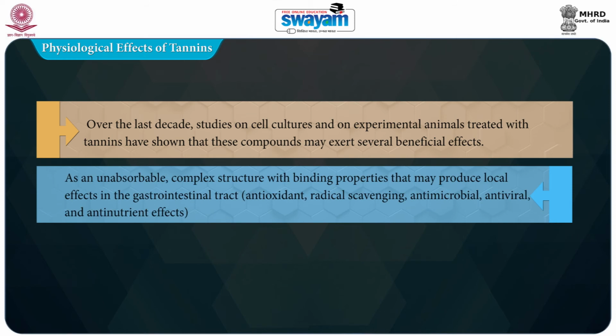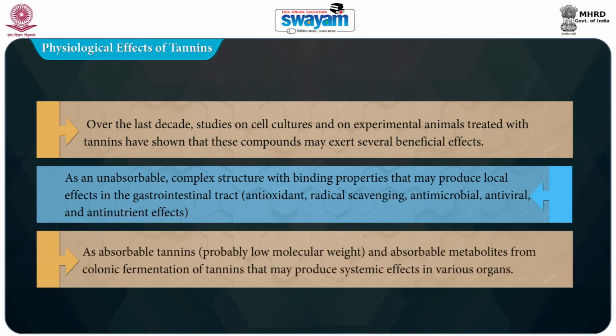One, as unabsorbable complex structures with binding properties that may produce a local effect in the gastrointestinal tract, mostly antioxidant radical scavenging, antimicrobial, antiviral, and anti-nutrient effects. Secondly, absorbable tannins, probably of low molecular weight, and absorbable metabolites from colonic fermentation of tannins that may produce systemic effects in various organs.